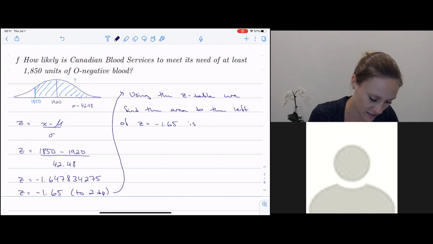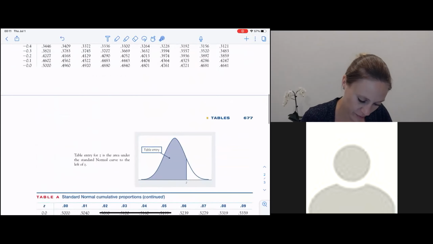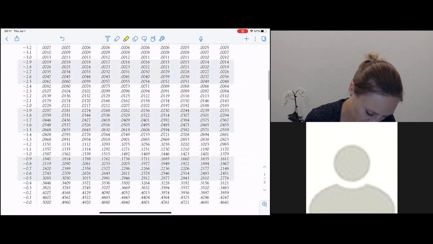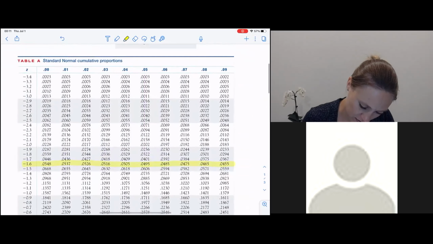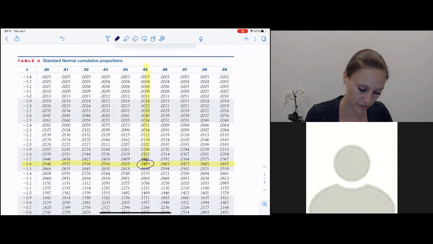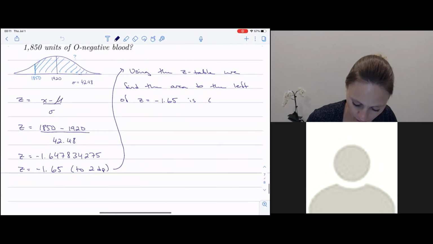Now let's go find it. So negative 1.65, again, I'm going to delete some of this here. Negative 1.65. 0.0495.